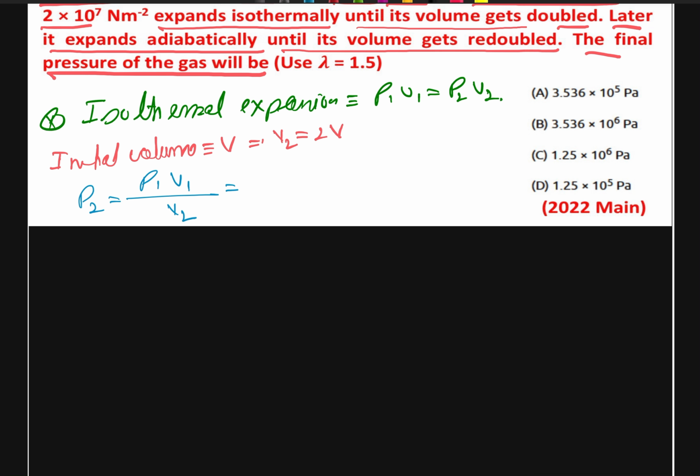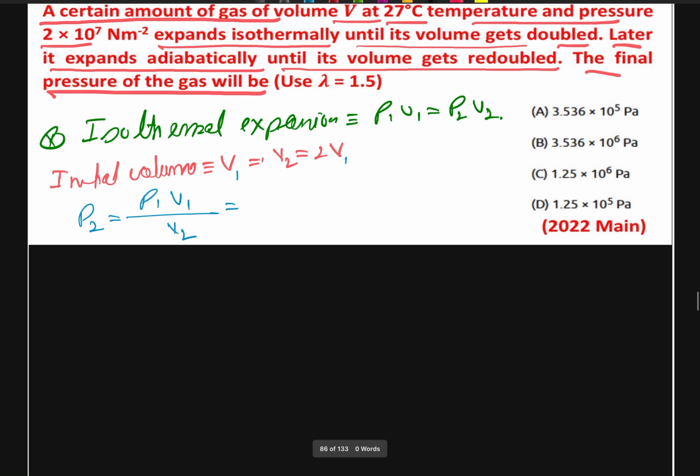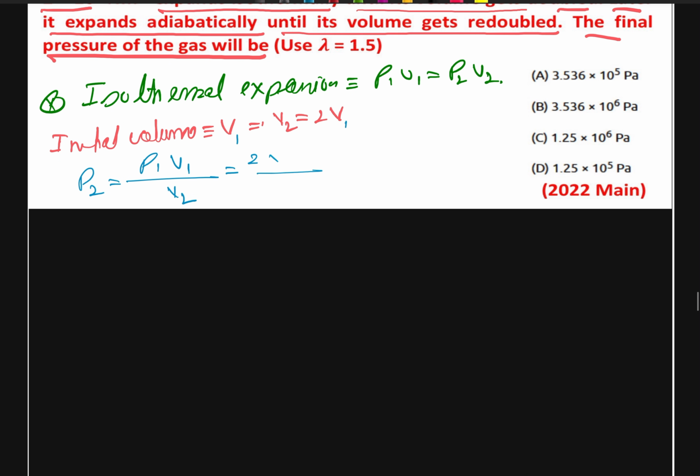So we get this, our P1, we can substitute the value. P1 is given to us as 2 into 10 to the power 7 times V1, and V2 is twice of V1. So V1 and V1 cancels out, 2 and 2 goes away, so we get the pressure is equal to 10 to the power 7 pascals.